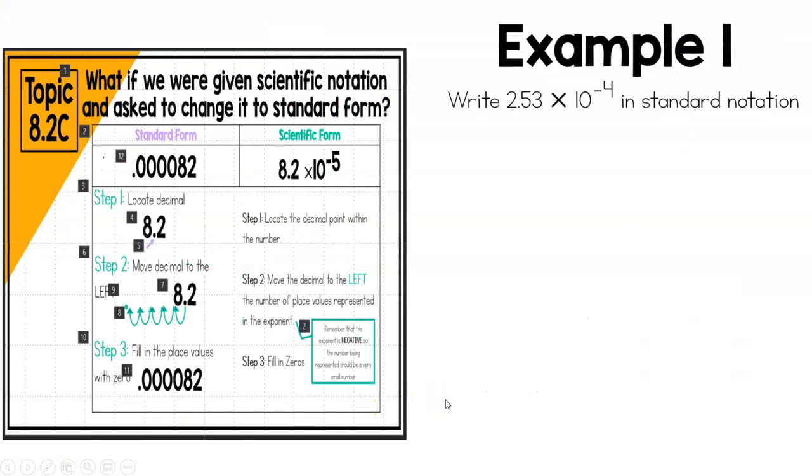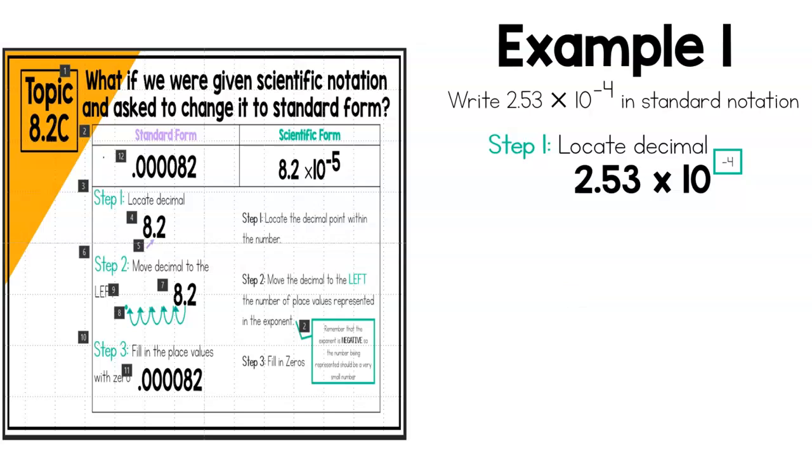Okay. So here we're going to take 2 53/100ths times 10 to the -4 in scientific notation, and we're going to write it in standard form. Okay, so we're going to locate the decimal. Here it's between the 2 and the 5.